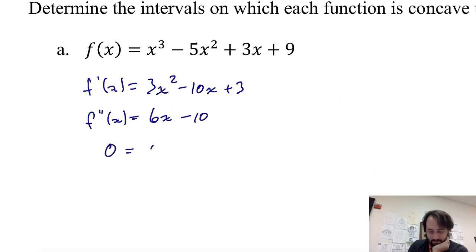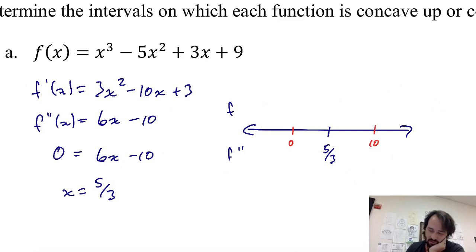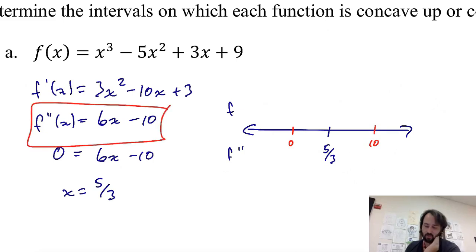That's nice. All right, because then if I set it equal to 0 to figure out where it's changing my concavity, then x would be 5/3. So that means for my function, for f double prime, relating it to f, at 5/3, if I plug in 0 and 10, say, to my second derivative, 0 would be negative, which means that f would be concave down, so I have a graph that would look something like that.